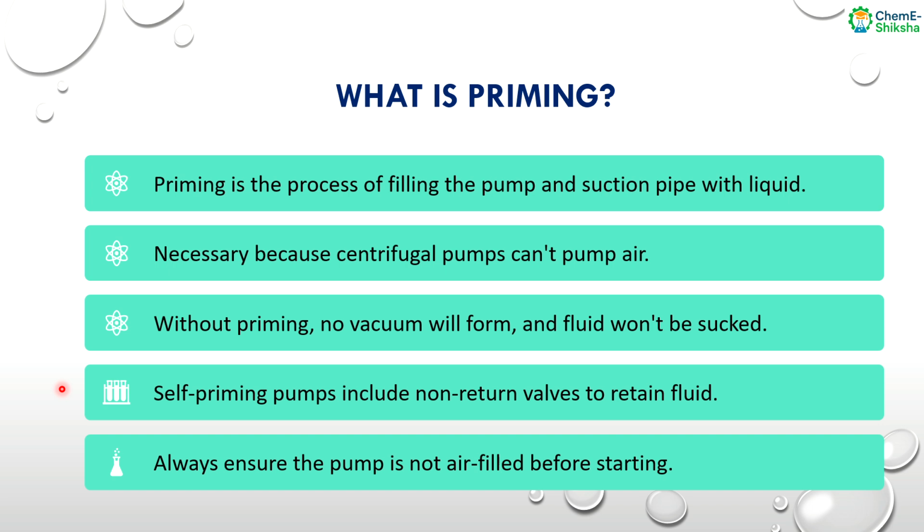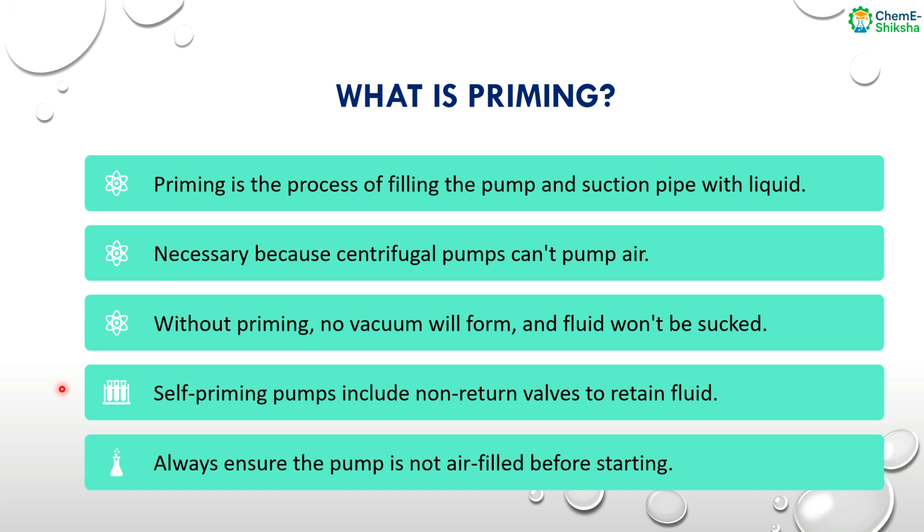That's why priming is done, where the pump is first filled with the liquid and then started. Then it can develop sufficient pressure, vacuum will be created inside the pump, and the pump will be able to suck the fluid from the sump to the eye of the impeller.